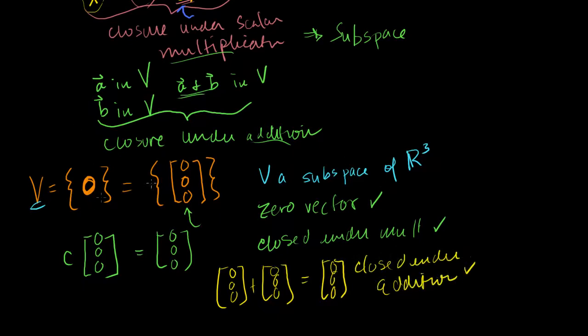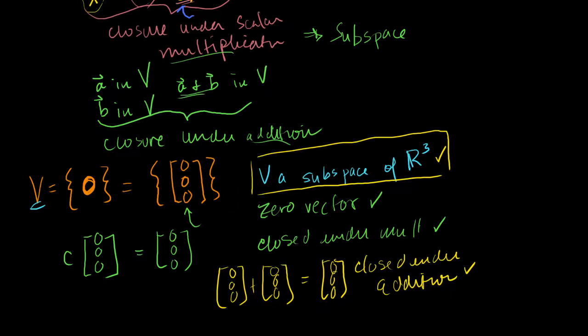Check. So it does turn out that this trivially basic subset of R3 that just contains the zero vector is a subspace. Maybe a trivially simple subspace, but it satisfies our constraints of a subspace. You can't do anything with the vectors in it that will somehow get you out of that subspace, at least if you're dealing with scalar multiplication or addition.